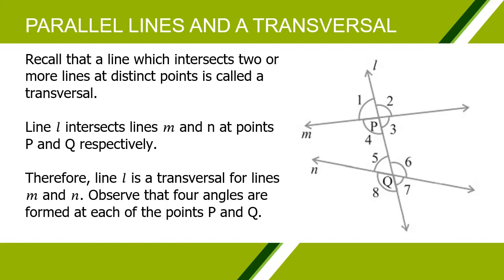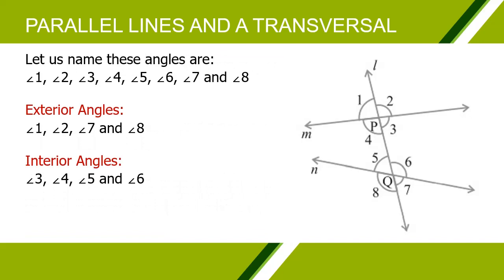Okay, make a note of it. Now at point P, four angles are formed: angle 1, angle 2, angle 3 and angle 4. And at point Q, angle 5, angle 6, angle 7 and angle 8.